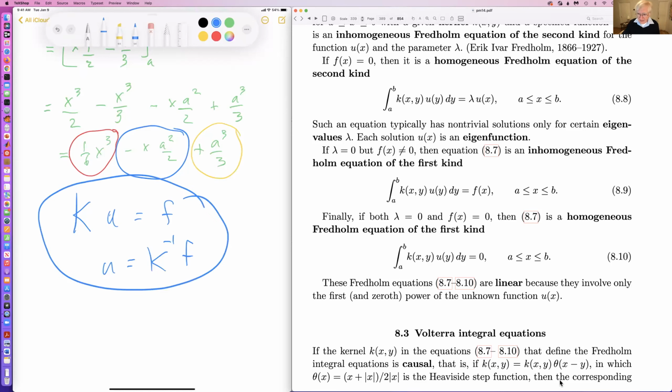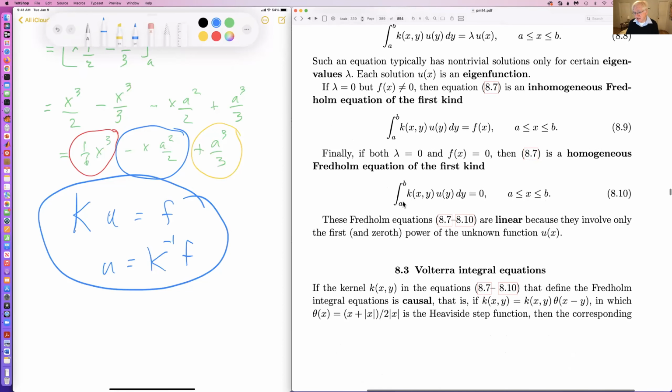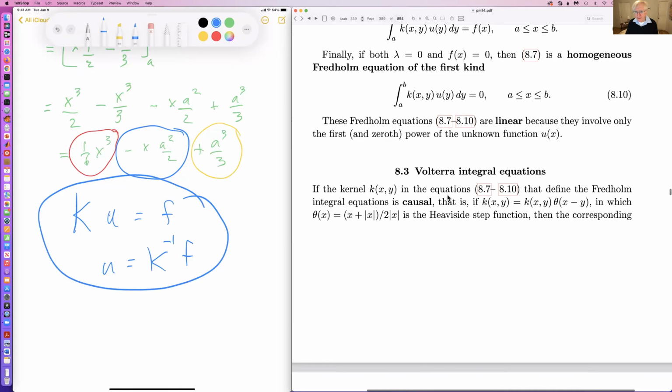Finally, if both lambda and f are 0, then it's a homogeneous Fredholm equation of the first kind. And then that's saying that K annihilates this function u. And all these Fredholm equations we're looking at are linear.